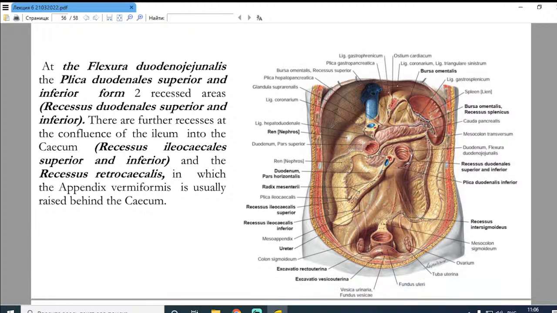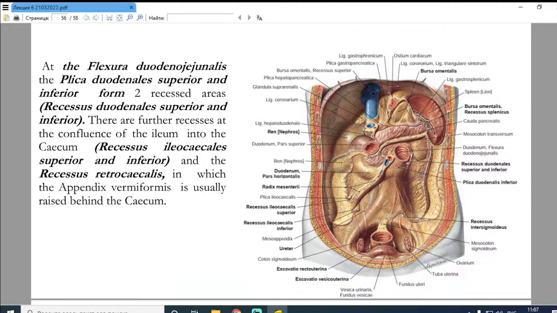At the flexura duodenojejunalis, what do you see?